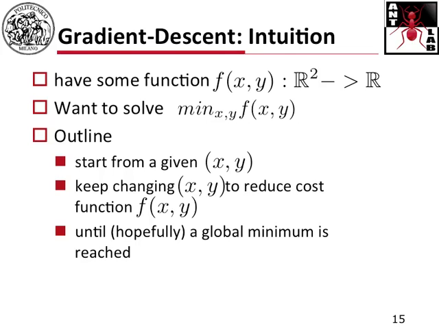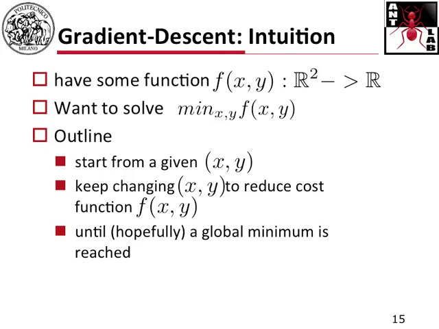So you have some function. For example, in this case, you have a function in R2 with two variables, f(x, y). And you want to find the minimum for this function. So you want to find x and y which minimize your function, which is exactly our same problem, right? We had a function, and we wanted to minimize this function in the unknown vector, the position of the node.